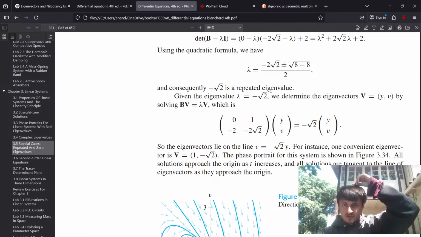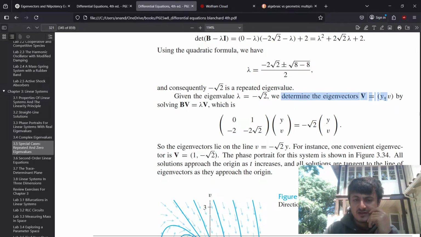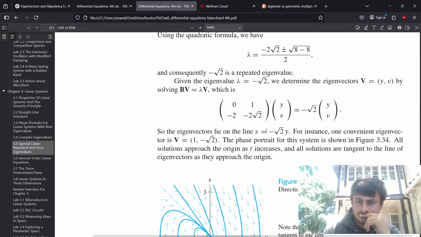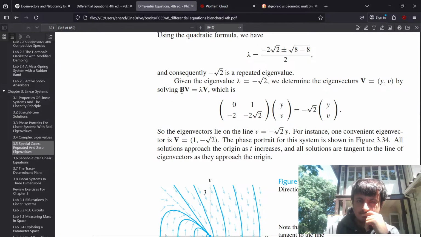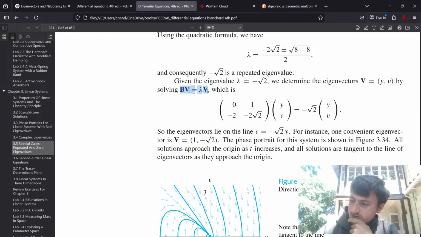Given the eigenvalue, we determine the eigenvectors by solving, well, it's really the kernel of that matrix, which is B minus lambda I, times y is equal to 0.